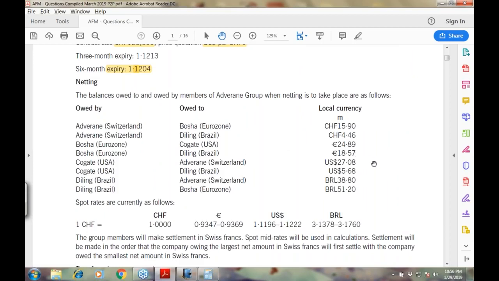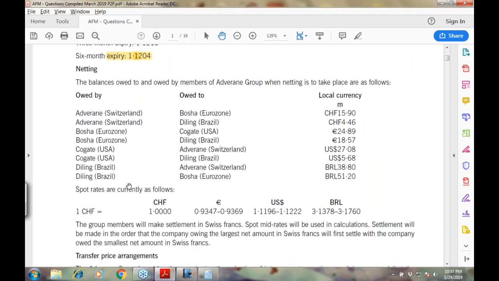The spot rates are given, and the group members will make settlement in Swiss francs, so the settlement currency is the Swiss franc. The spot mid rates will be used in the calculations. Settlement will be made in order, with the company owing the largest net amount in Swiss francs settling first with the company owed the smallest net amount.